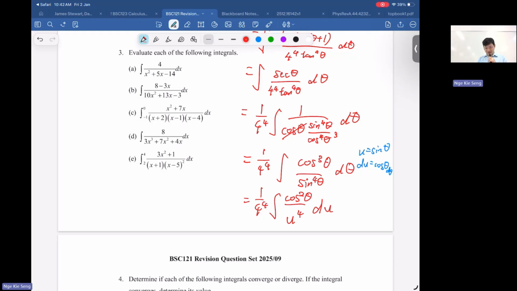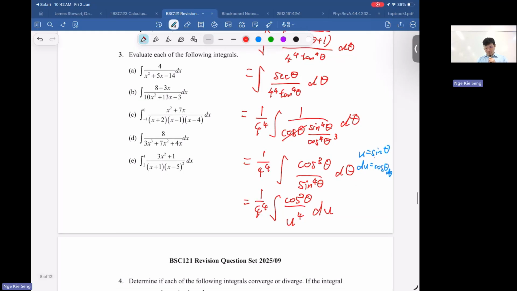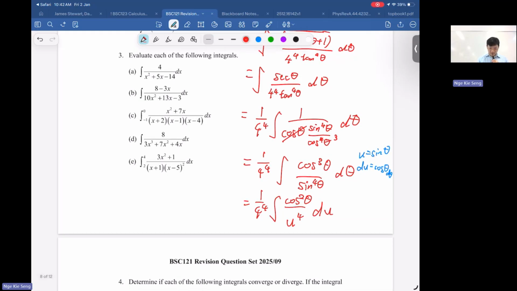Okay, so you can use this u equal to sine theta to transform this again to, let me think, cos square. So 1 minus u square, right?